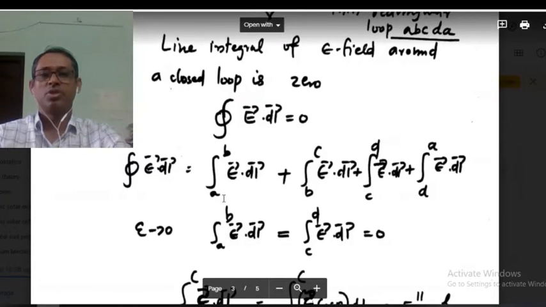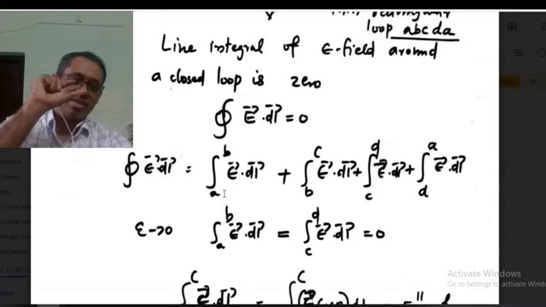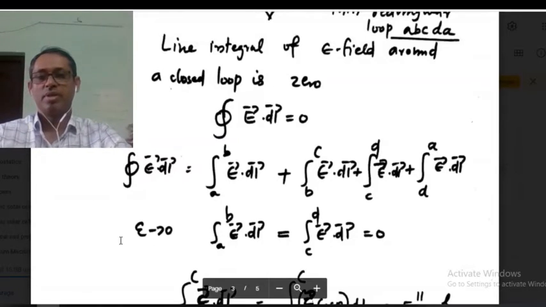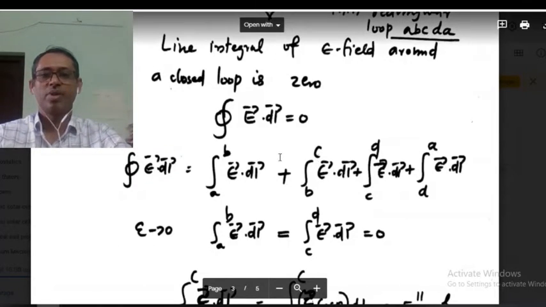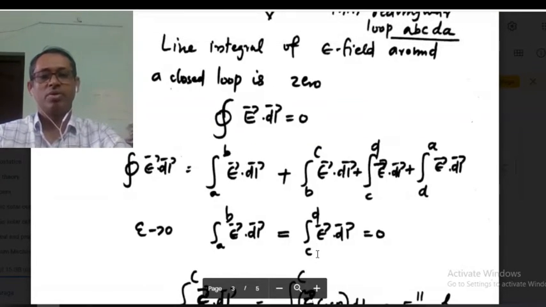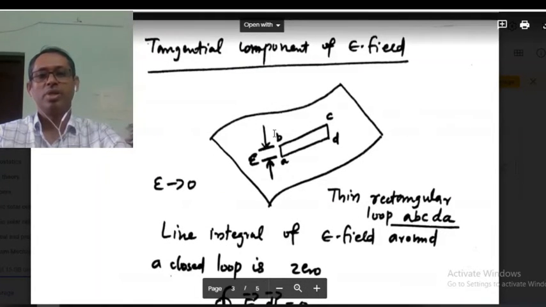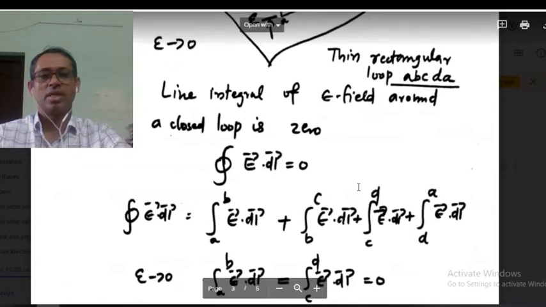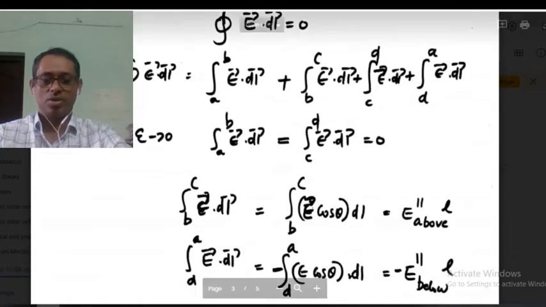Now as epsilon, the thickness of the loop, tends to 0, the integral A to B E dot dl and the integral C to D E dot dl will be equal to 0.